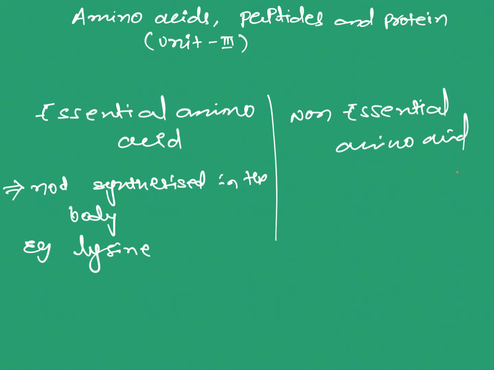When it comes to non-essential amino acids, tyrosine, glutamine, asparagine come under non-essential amino acids. In total, when we look at alpha amino acids, more than 500 amino acids exist. But when we take a natural protein and hydrolyze it, we get amino acids, and those observed are 20.